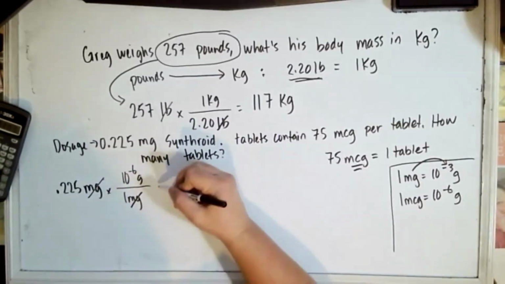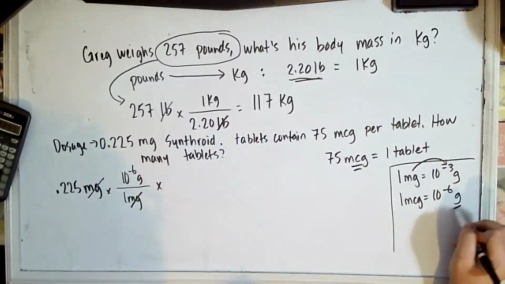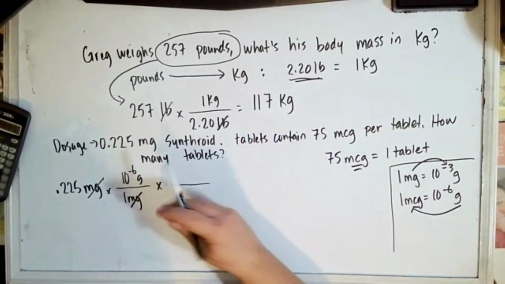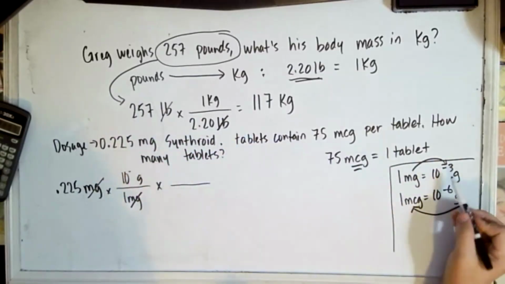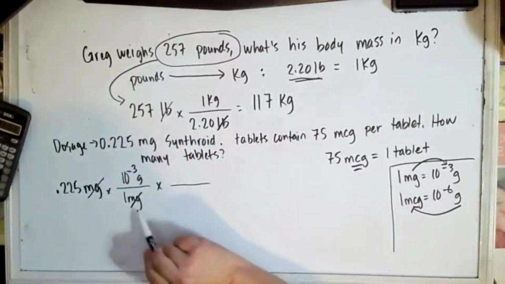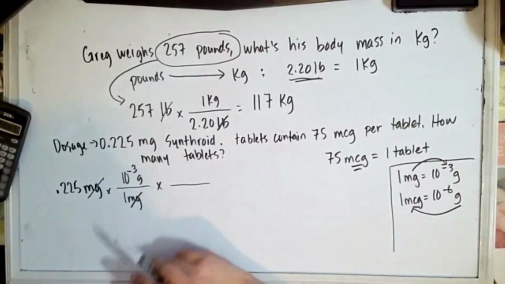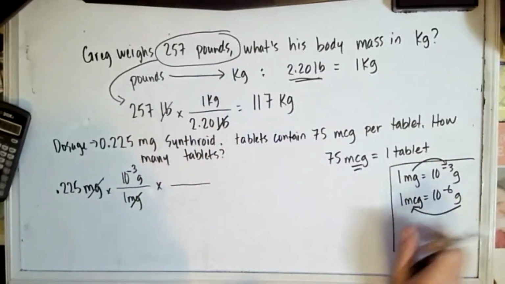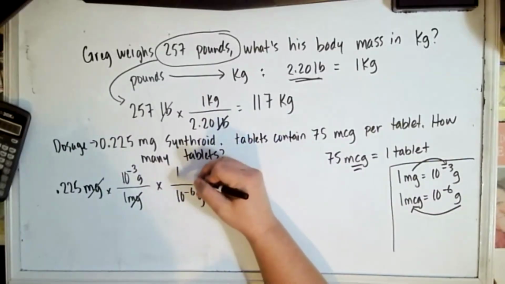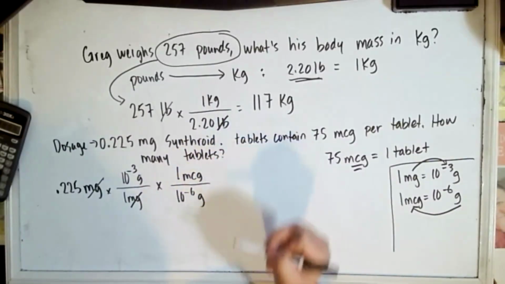Now my next step, I'm going to take my grams and convert it into micrograms. Sorry, that should have been 10 to the negative 3. 1 milligram is 10 to the negative 3 grams. And then my next step with my micrograms, there's 10 to the negative 6 grams in every 1 microgram.